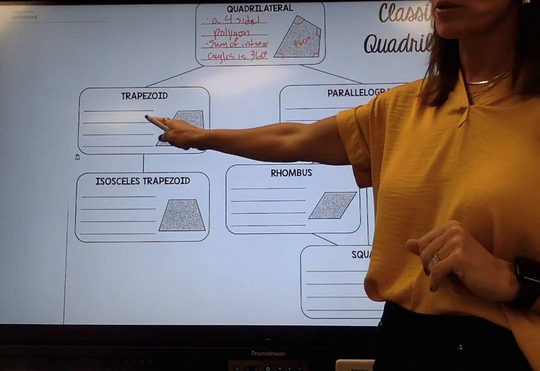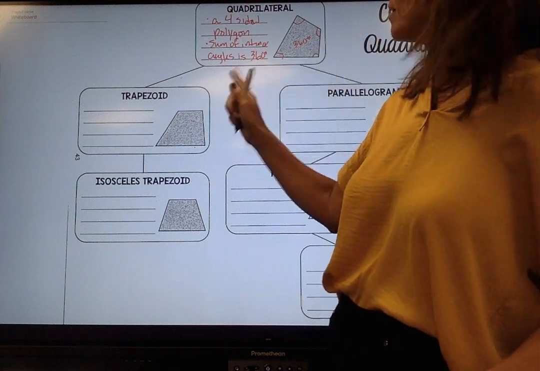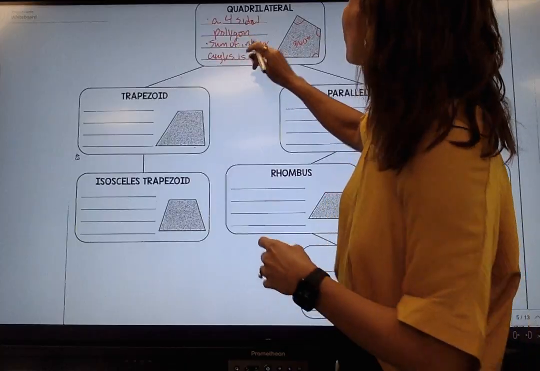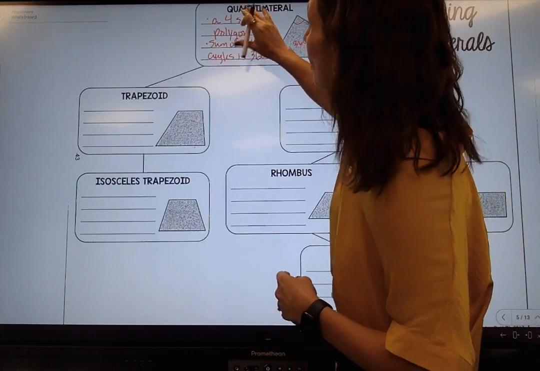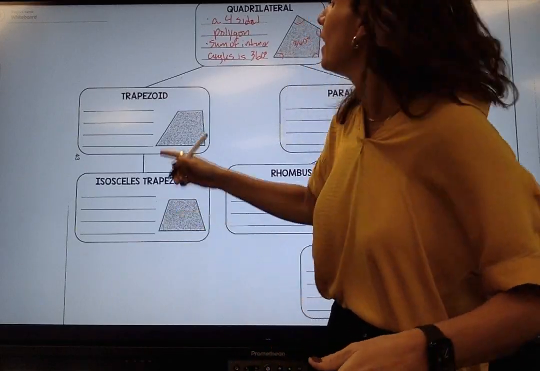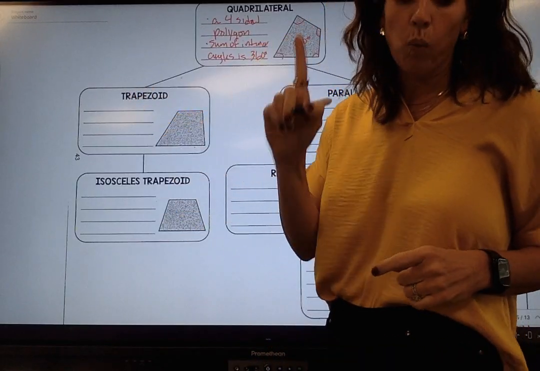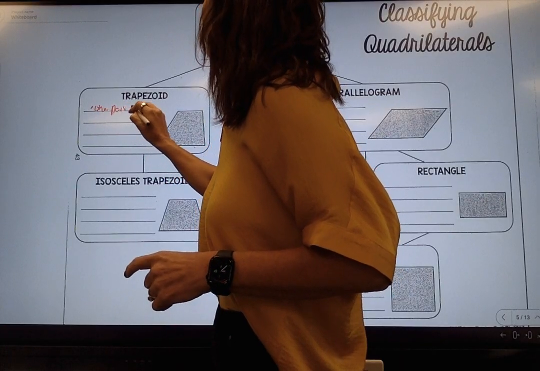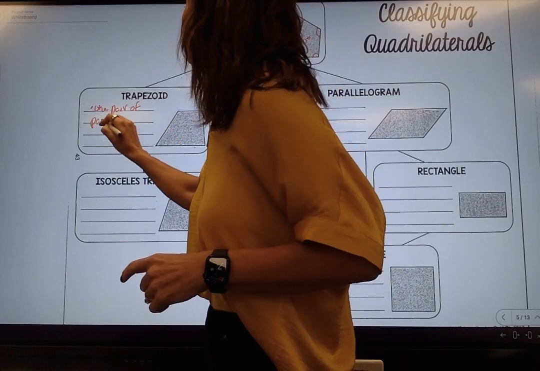So what is a trapezoid? A trapezoid, it's still a polygon. It's still a quadrilateral. It still has four sides, because everything has that in common. So what you could say is that a trapezoid has one pair of parallel lines.